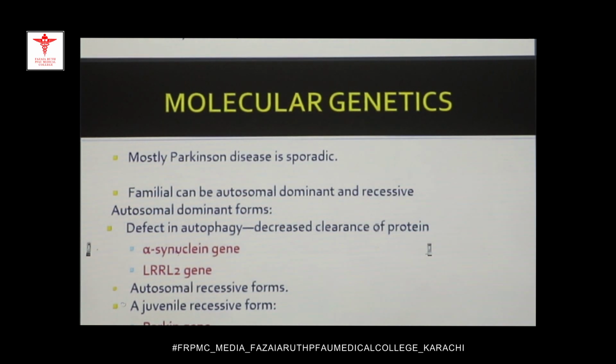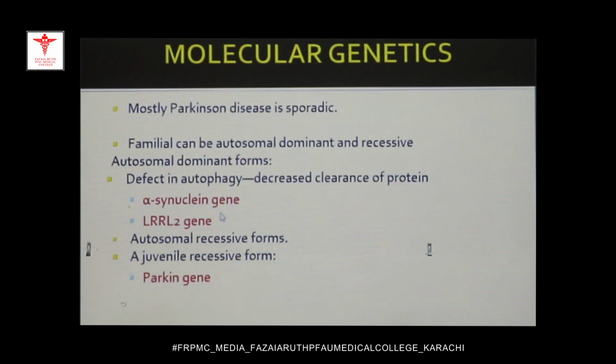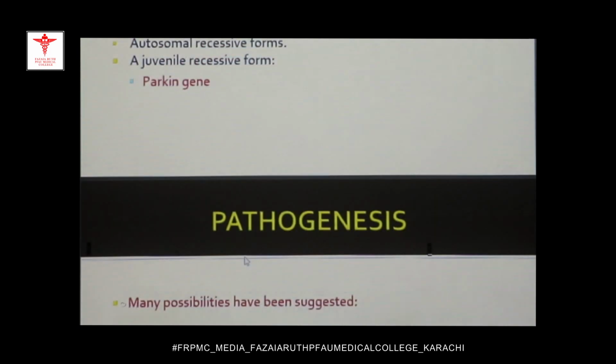There is decreased clearance of this protein because of a defect in autophagy. Genes involved are the alpha-synuclein gene and the LRRK2 gene, and in the autosomal recessive condition, there may be involvement of the Parkin gene. Mainly, there is defective clearance of this accumulation of abnormal protein known as alpha-synuclein.